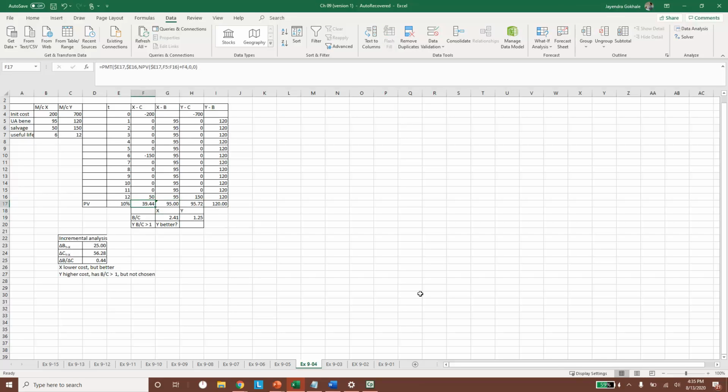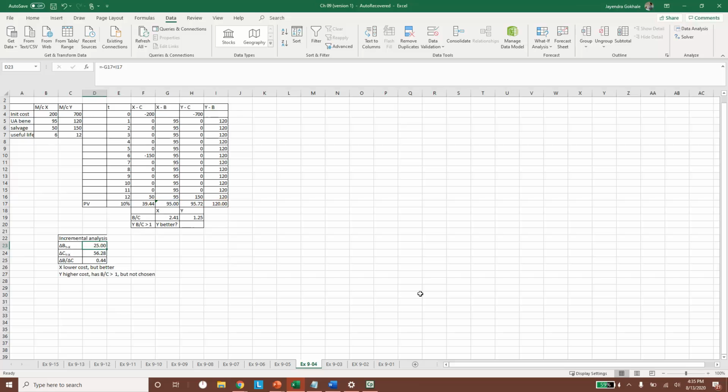So we have taken the EUAB of each project. So EUAB of Y, equivalent uniform annual benefit from Y, minus equivalent uniform annual benefit from X, divided by, so 120 minus 95 right here. 120 minus 95 is minus G17 plus I17.